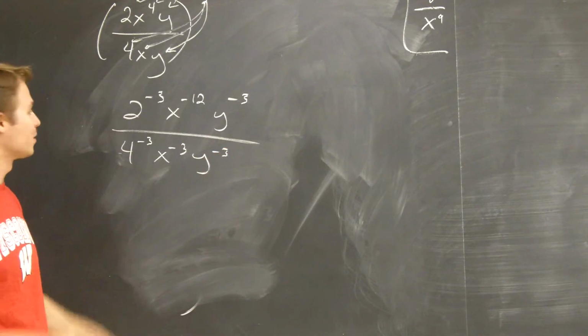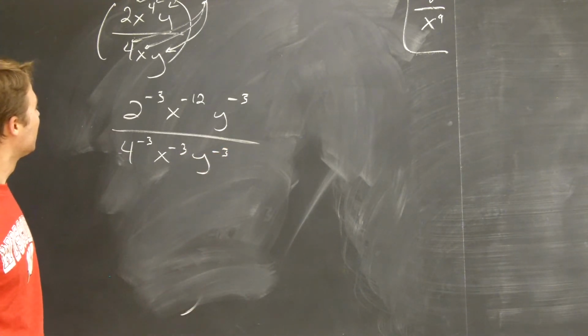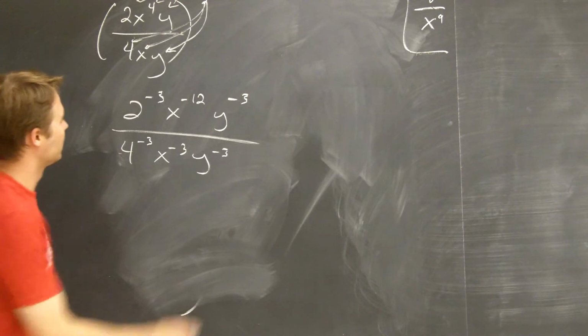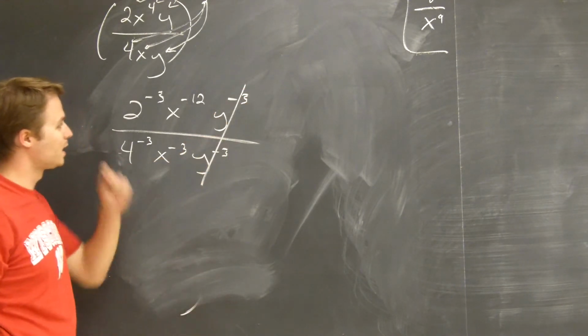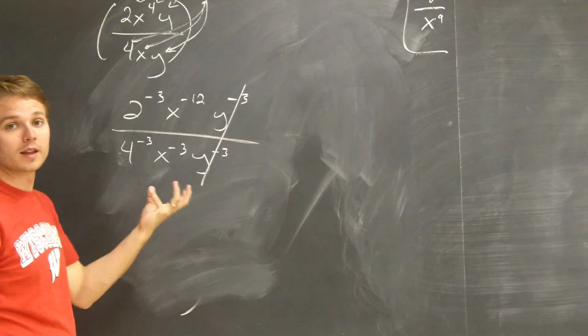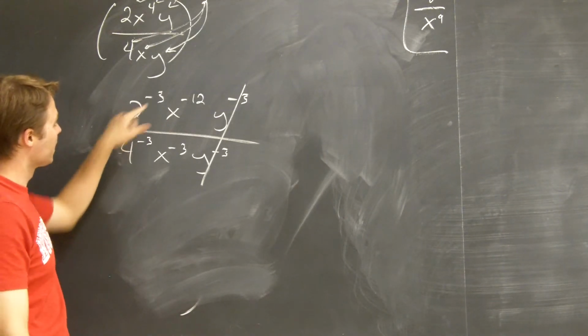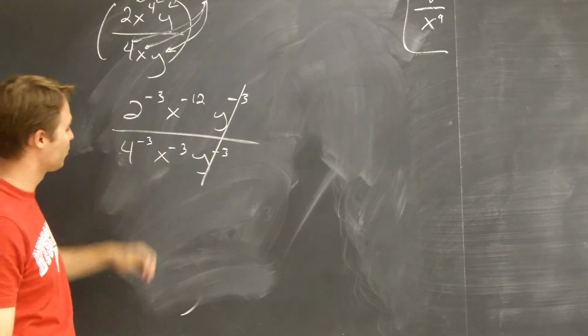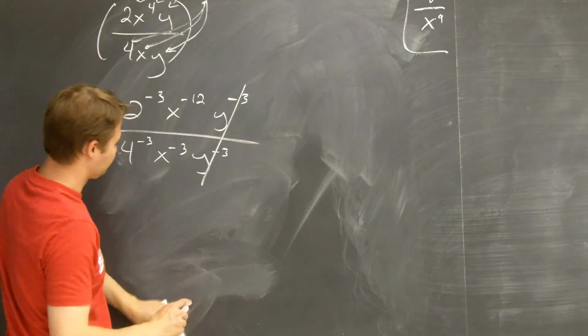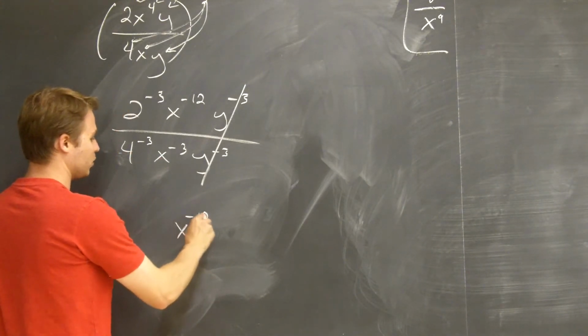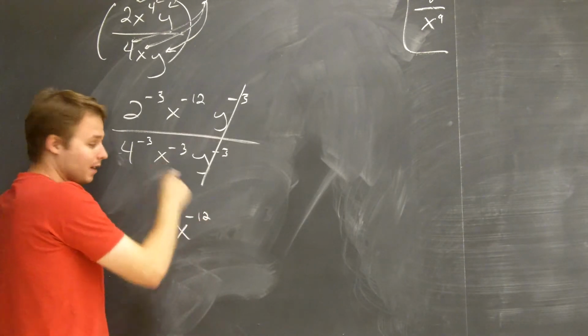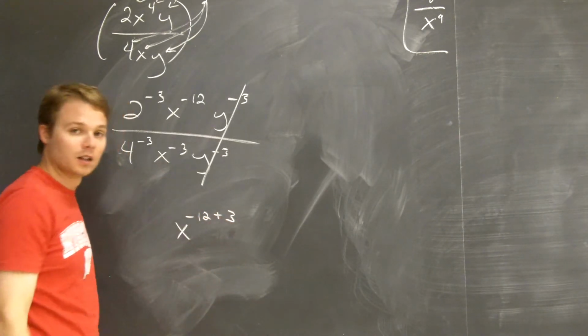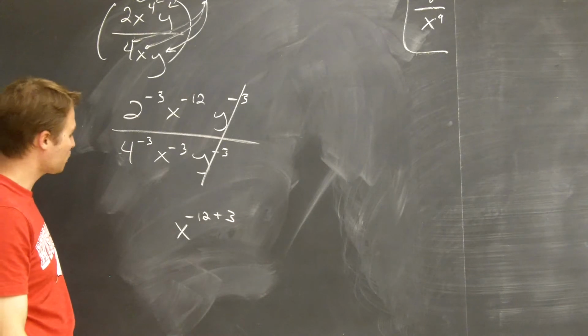And now I can try to start combining things together. Well, let's see. This is not too bad. Y to the negative 3 divided by y to the negative 3, they cancel out. X to the negative 12 divided by x to the negative 3, this will be x to the negative 12 minus the negative 3, so plus a positive 3.